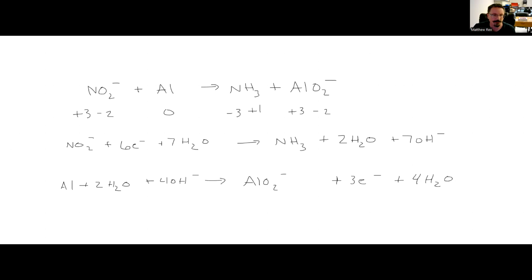Now, I think I'm balanced. I can add them together, 8 and 8, yep. But the electrons don't match. I have 6 electrons on the top and 3 on the bottom. So I need to multiply the whole thing through on the bottom by 2. So I'm going to go 2 aluminums, 4 H2Os, 8 OHs.